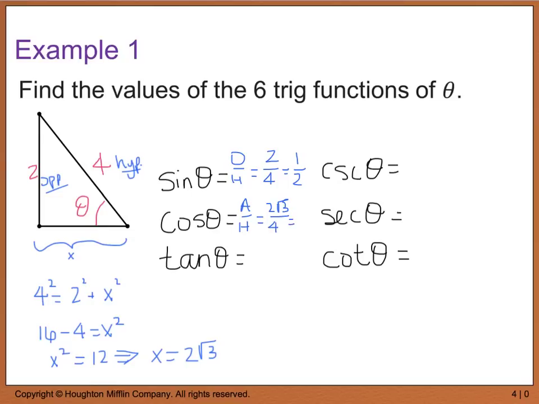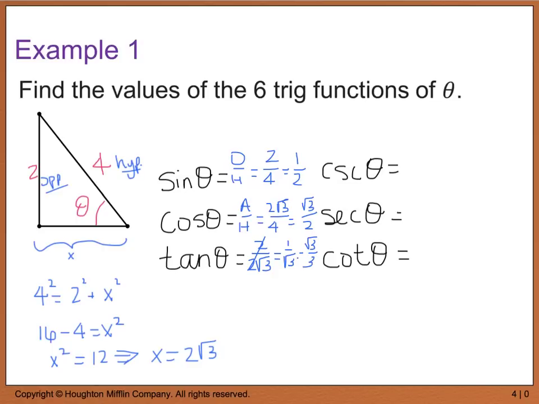So this will actually reduce down to the square root of 3 divided by 2. Tangent is the opposite over the adjacent, or 2 divided by 2 square roots of 3. And if I simplify that, my 2's are going to cancel, and I'm going to end up with 1 divided by the square root of 3. I will need to rationalize, so when I rationalize, I end up with the square root of 3 over 3.